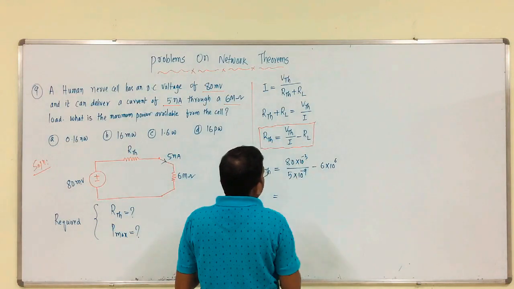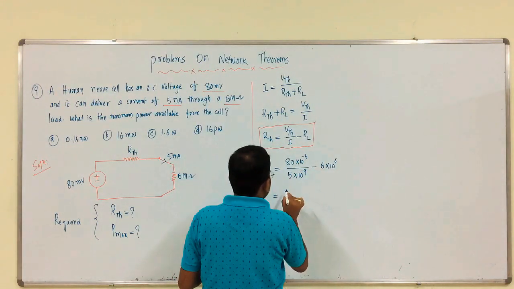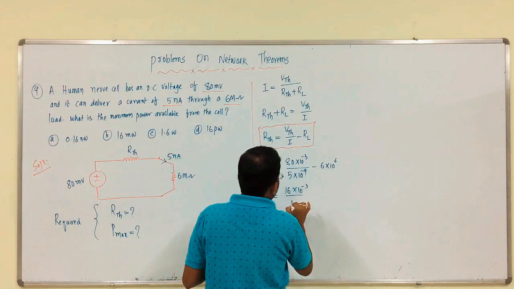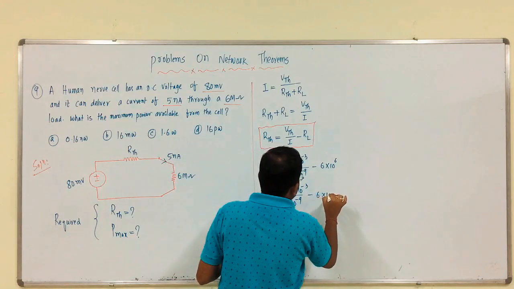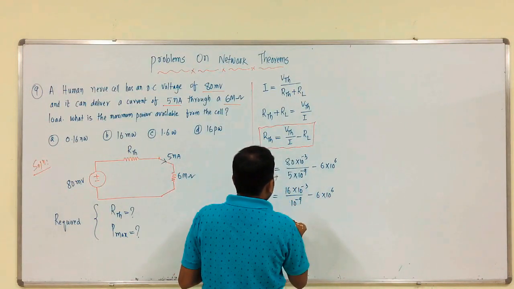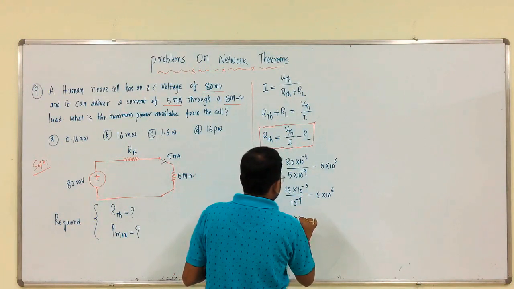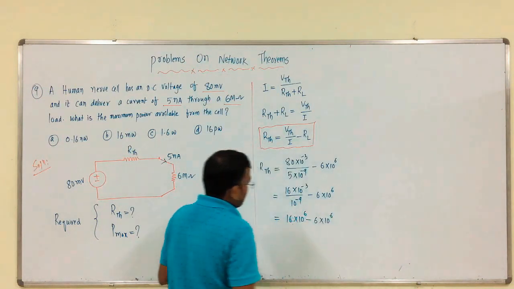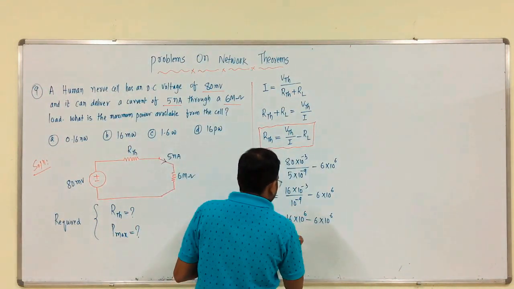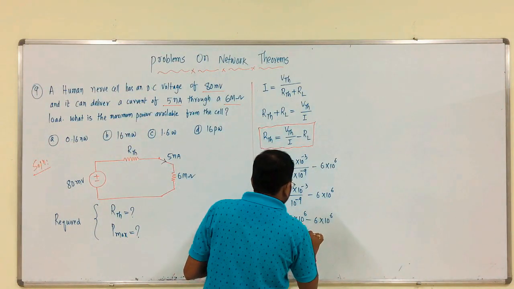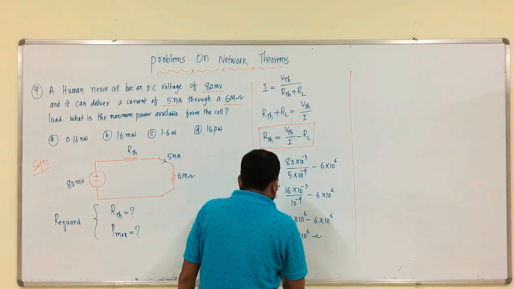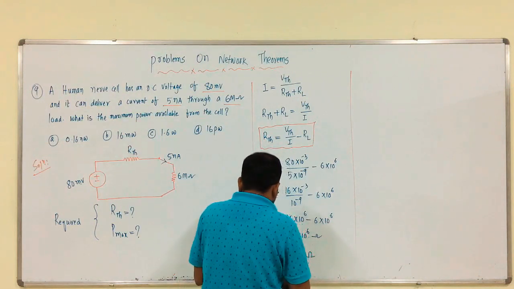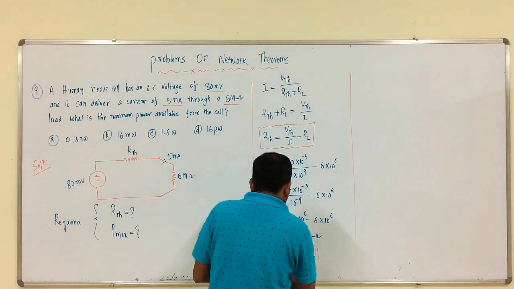From this, 16 into 10 power minus 3 by 10 power minus 9, which is equal to 16 into 10 power 6 minus 6 into 10 power 6, right? From this, 10 into 10 power 6 ohms. From this, RTH is equal to 10 mega ohm. So, we have RTH as 10 mega ohm.